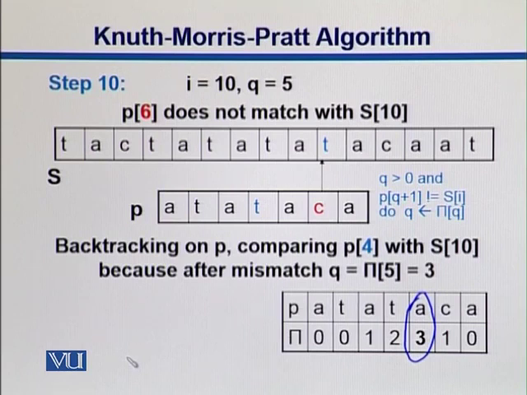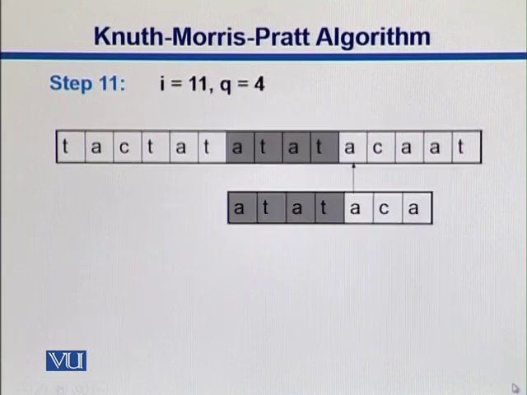So we will use that pi value 3, and we will then compare p of 4, since one value is added. In that case, q was reset to 3, so we will compare the fourth element with the 10th element. So in this way, we will give our pattern 3 shifts towards the right. So that looks like this.